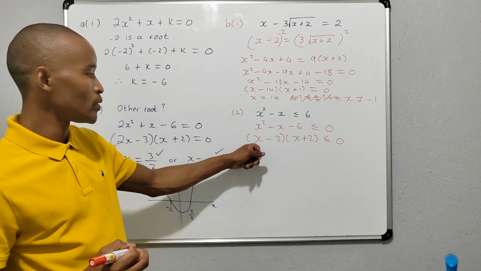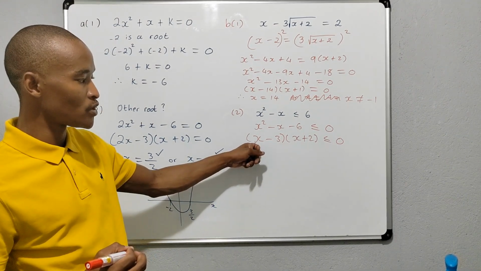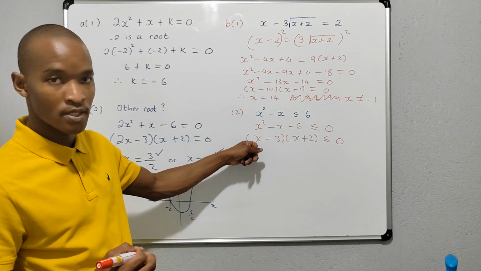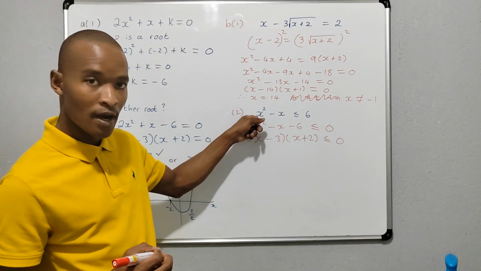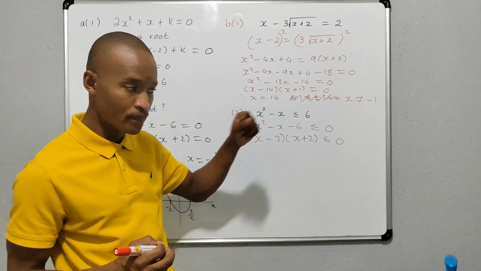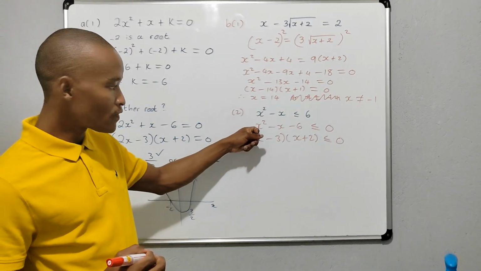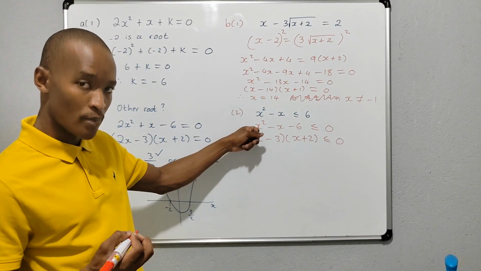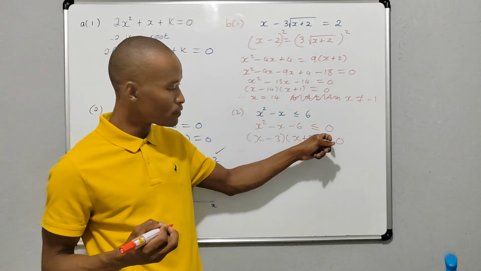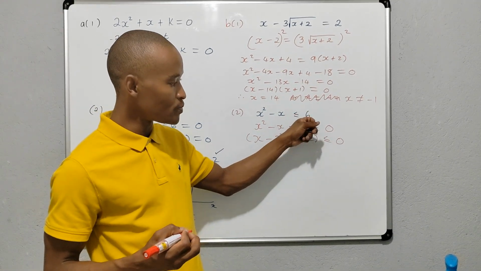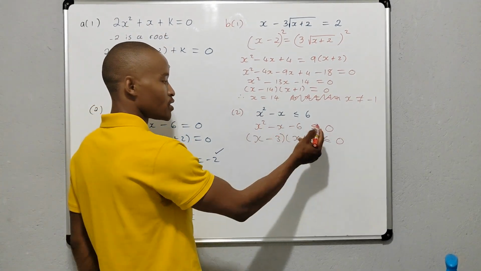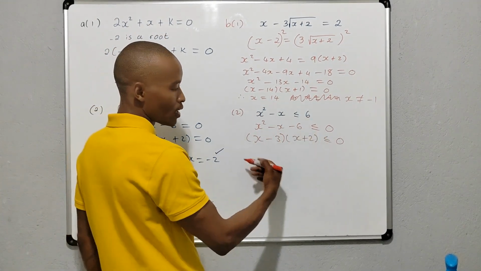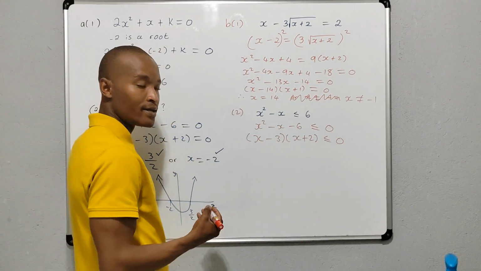Good. How do we now get to the final solutions? This is not the final solution, these are the factors. You must find the values of x that satisfy this inequality. Good. What is the concavity of this parabola? It is concave up. What are we looking for? Where the graph is below the x-axis, because this expression represents the y values, while the y values are negative.